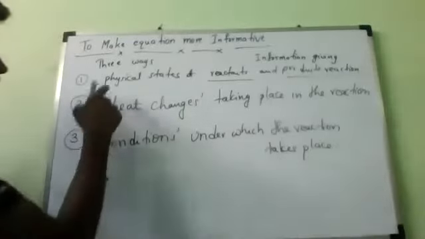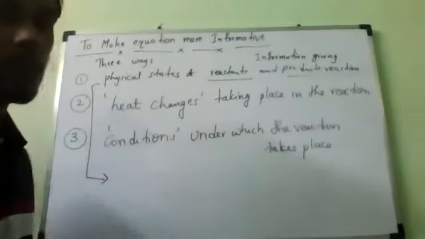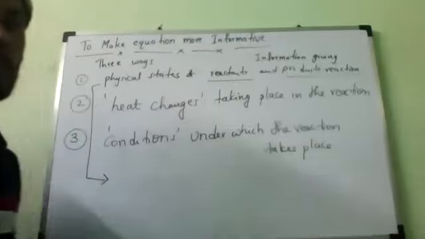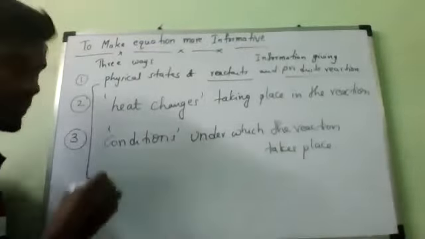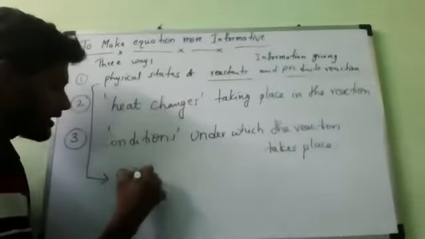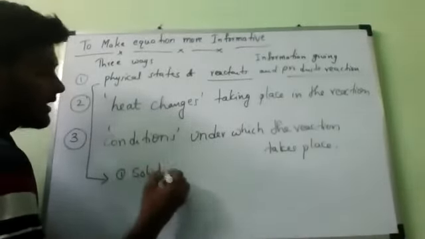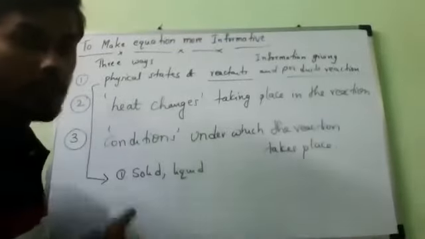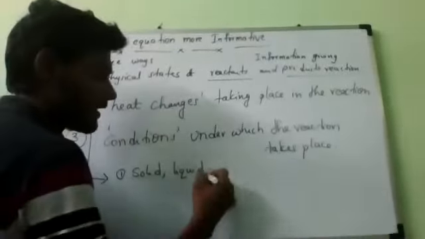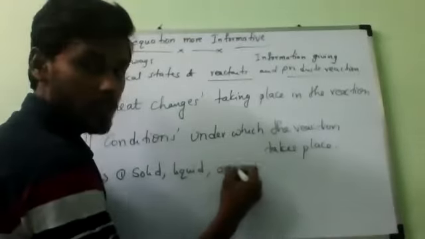So there can be four physical states for the reactants and products of a chemical reaction. The first one is solid, the second one is liquid, and the next one is aqueous solution.